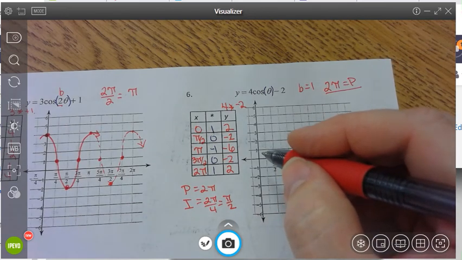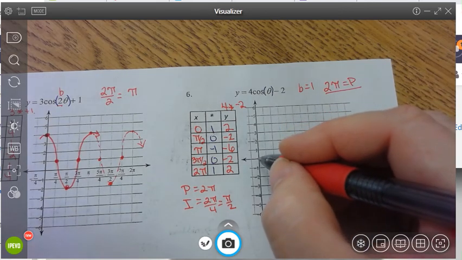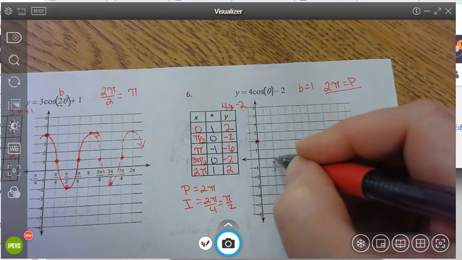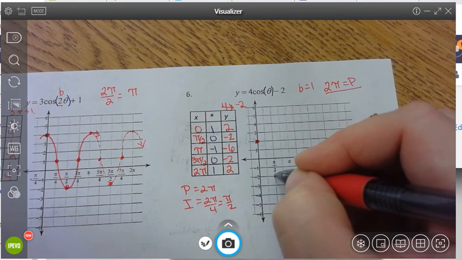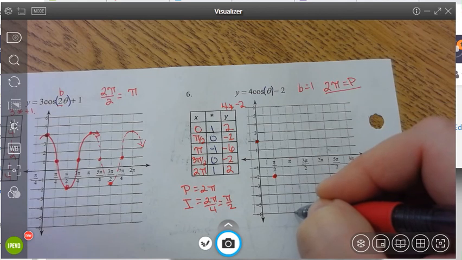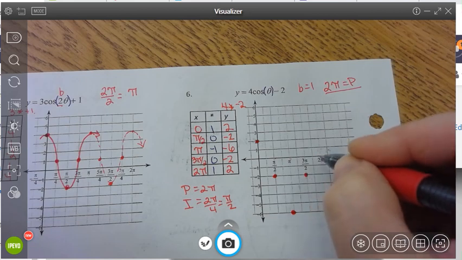So on this one, I'm going to go with 0 and 2. That's my starting point. Pi over 2 and negative 2. Pi and negative 6, all the way down to the bottom. 3 pi over 2 and back to here.